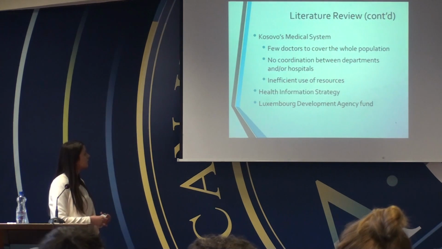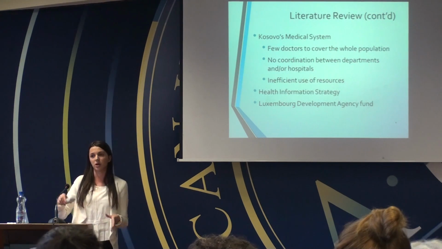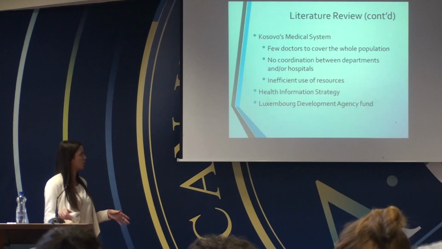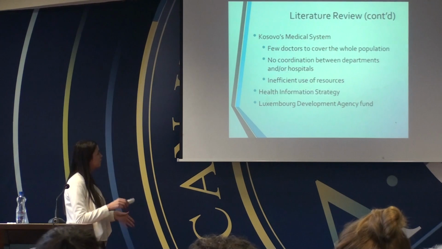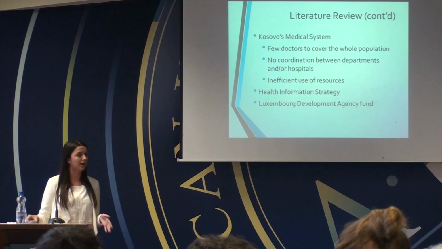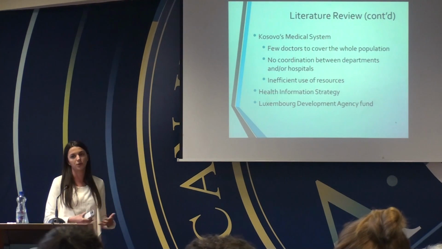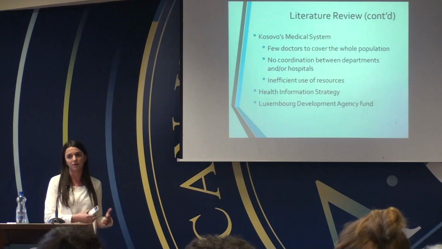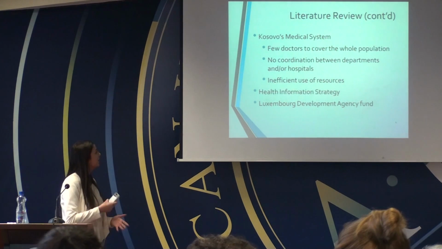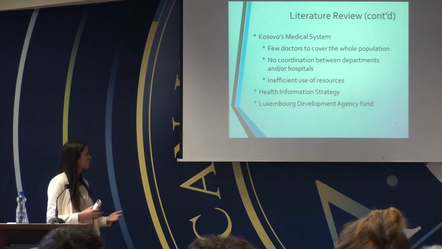In addition, there has been no coordination between departments in the same hospital or between departments and hospitals distributed across Kosovo. This has contributed to erroneous treatments and diagnoses, and to technical issues regarding the distribution of the files of the patients. In addition, at the national level, this has contributed to inefficient use of resources.